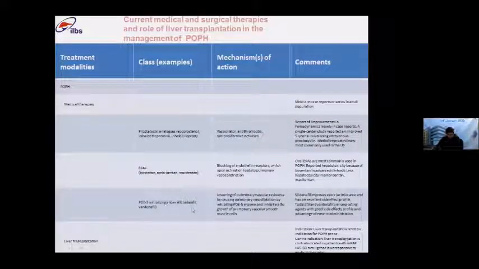Phosphodiesterase inhibitors, sildenafil, tadalafil, and vardenafil also can be used. They lower pulmonary vascular resistance by causing pulmonary vascular dilatation by inhibiting the phosphodiesterase enzyme and inhibiting the growth of pulmonary vascular smooth muscles.